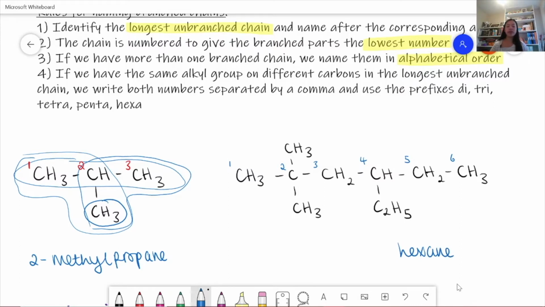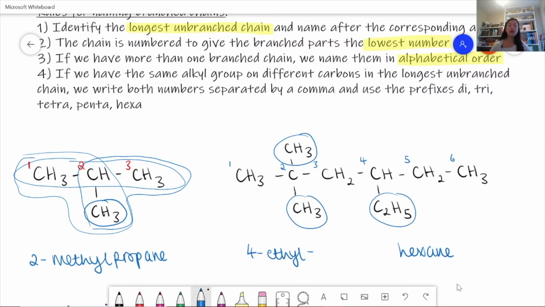The next step we do is look at all the branch chains. So we've got 2 methyls here because they've only got 1 carbon, and we've got an ethyl here. And so the ethyl must go first because it comes first in the alphabet. So that comes on the fourth carbon, so we have 4-ethyl. And then we put another dash, and then we have the methyl groups.